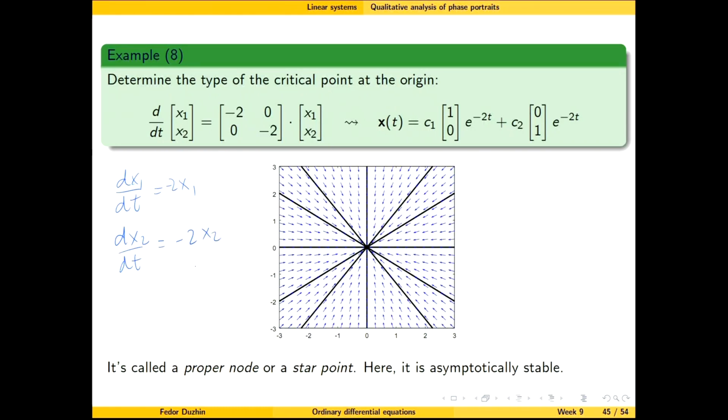So in other words, x1 and x2 are not related to each other. These are two unrelated differential equations rather than a system of differential equations. In this case, we say that we have a proper node at the origin, or a star point. In this case, it is asymptotically stable, but if we reverse the sign of the eigenvalues, then it would be unstable.